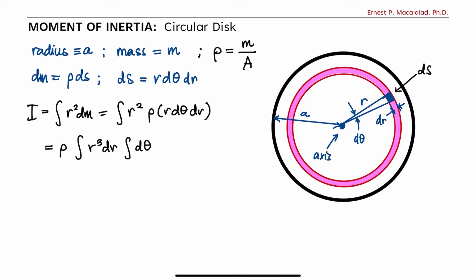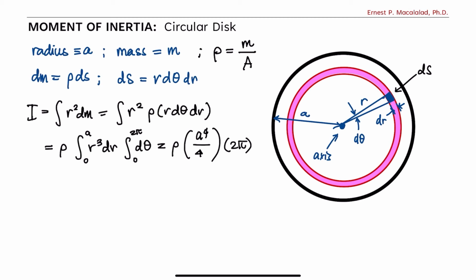For r, the limit of integration will be from 0 to a. While, as I mentioned earlier, theta will be integrated from 0 to 2 pi. So solving for this integral, this becomes rho times a to the fourth over 4 times 2 pi. Simplifying this, we now have 2 pi.